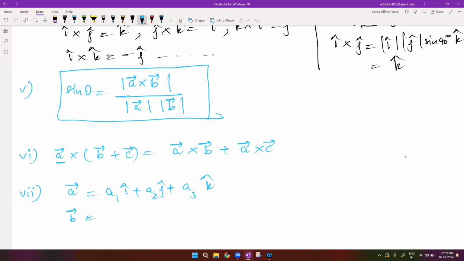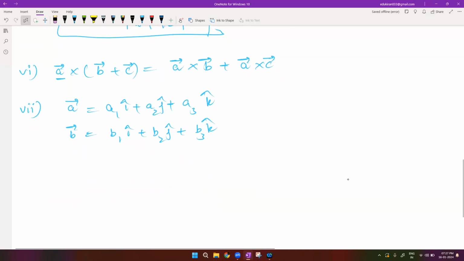In this case, we have a vector as a1 i cap plus a2 j cap plus a3 k cap, and b1 i cap plus b2 j cap plus b3 k cap, right? Then how do I find the cross product of these two vectors? So the basic thing that I want to know is, if there are two vectors given in component form, how would I find their cross product?